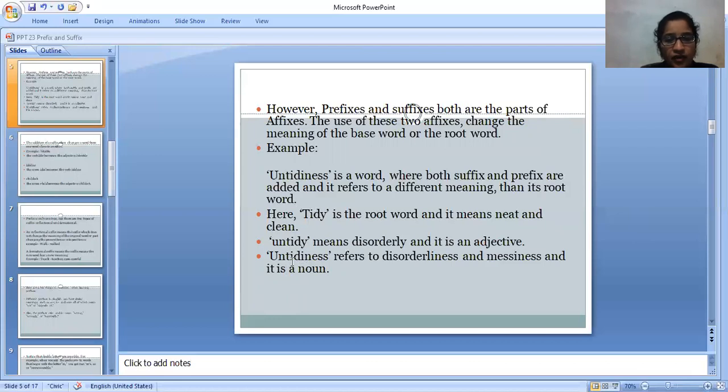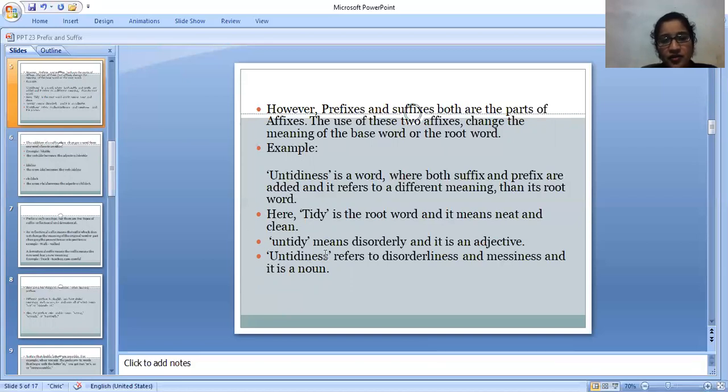And if you take this word untidy and add a suffix, it becomes untidiness, the meaning of which is disorderliness, and the form of untidiness is noun, right? So you can see here the addition of a suffix.